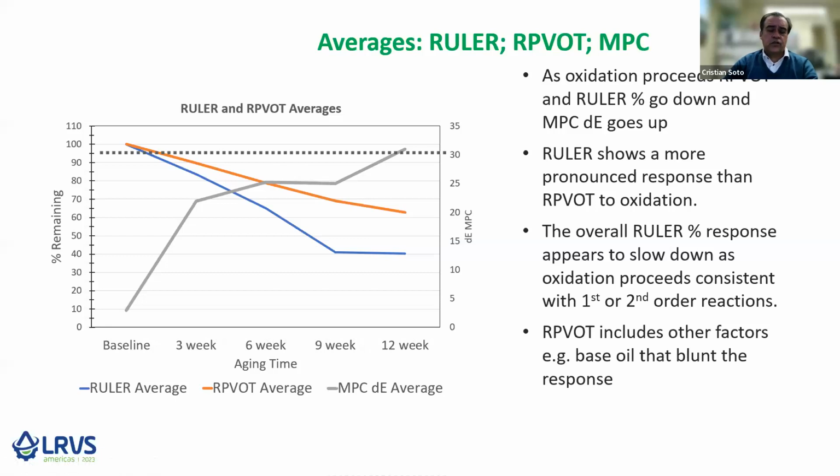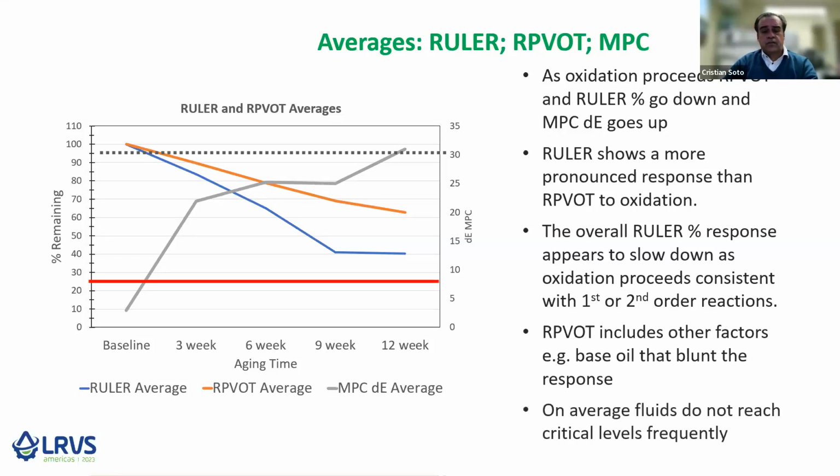And here we're just showing what the critical value is for the MPC. And as you can see, we would argue that on average, we're not reaching critical conditions under these test conditions. And in terms of ruler and RPVOT, again, we don't really reach critical levels, and this is on average.